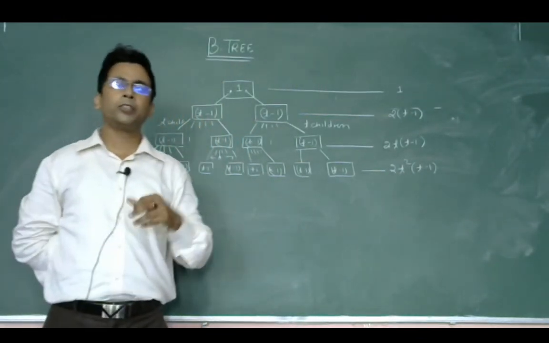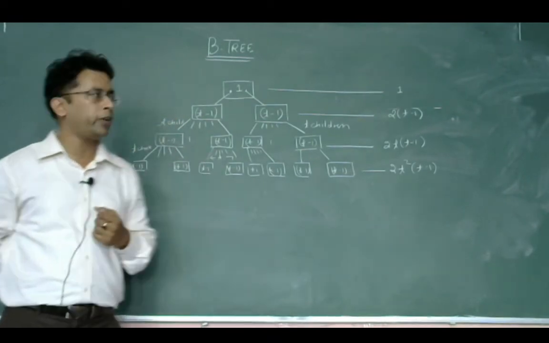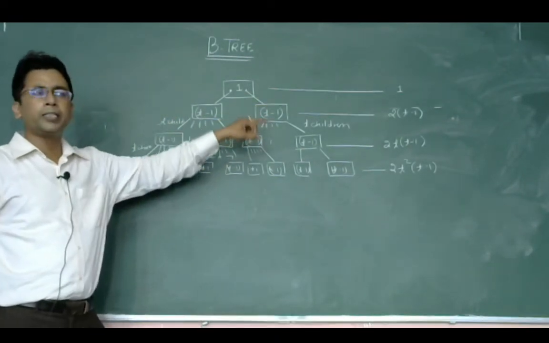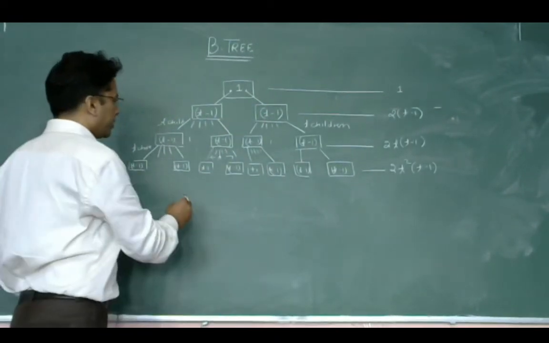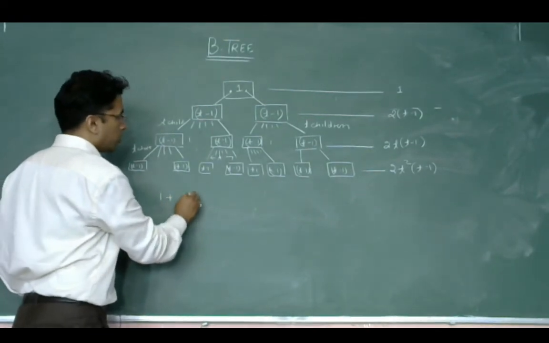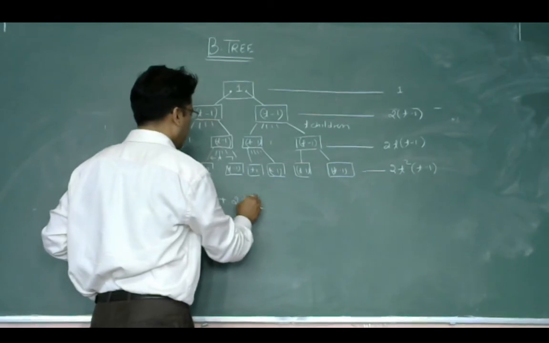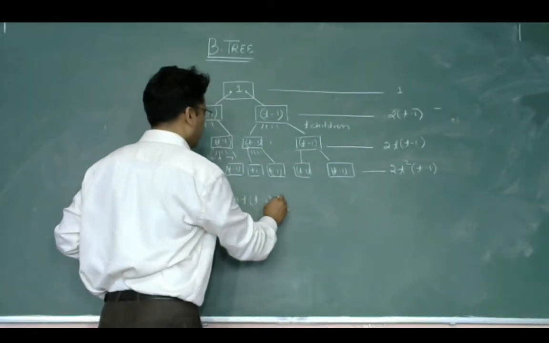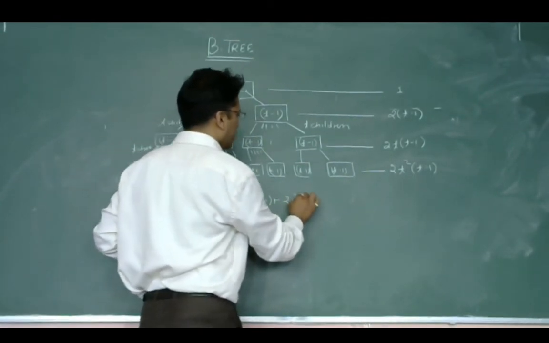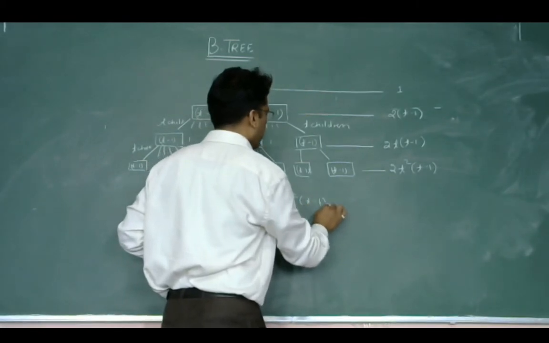Now we have assumed that there are a total of n elements, so adding all these elements, what will we get? 1 plus 2 into t minus 1 plus 2t into t minus 1 plus 2t square into t minus 1, and so on.